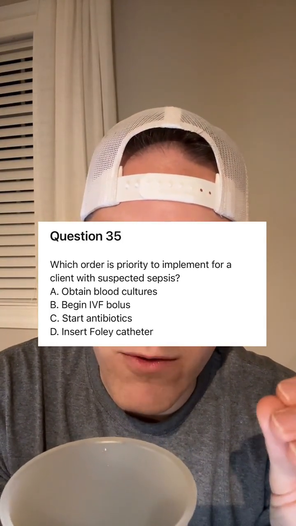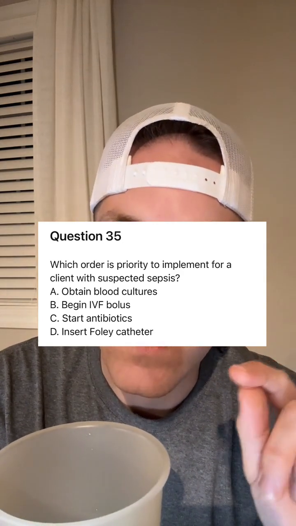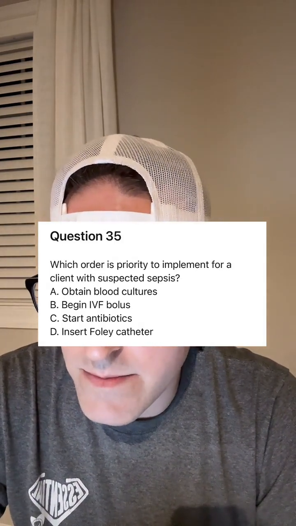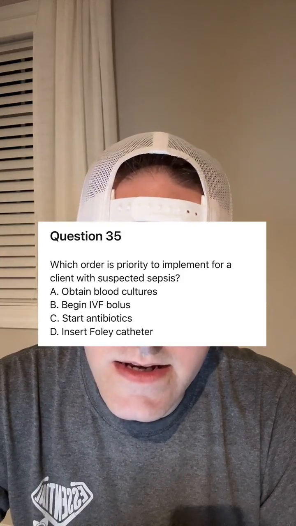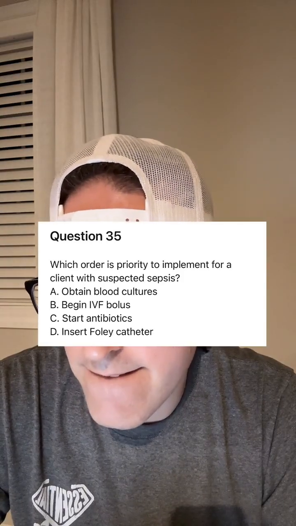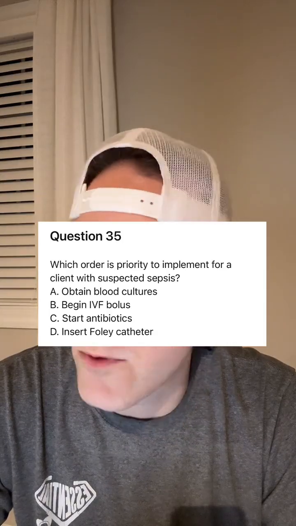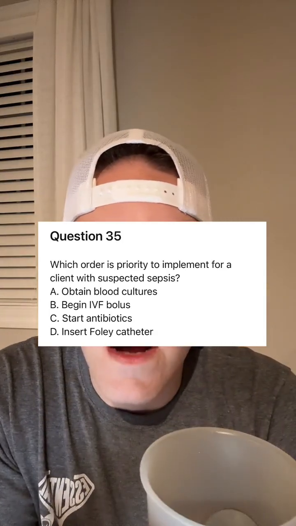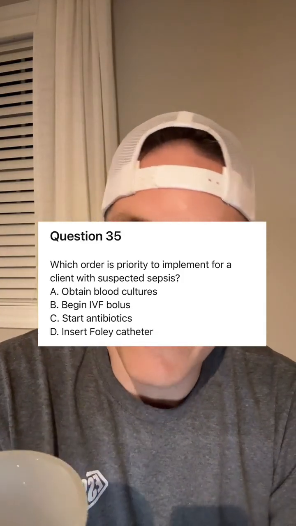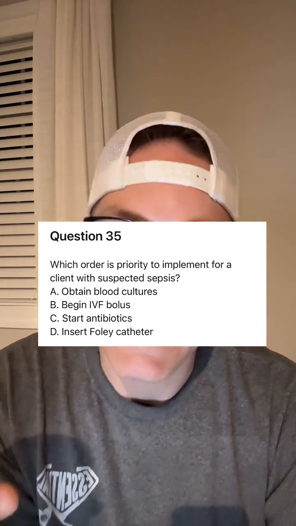Question 35. Which order is priority to implement for a client with suspected sepsis? We got some A, C, A, B. This one has divided you more than this country right now. All of these things you're going to do, and if you're working in a hospital, you've probably done them all at the same time.